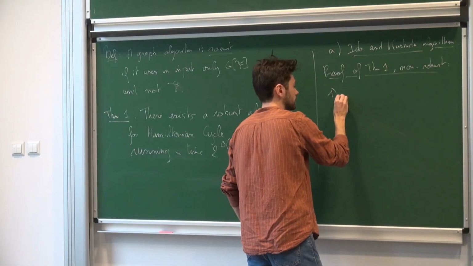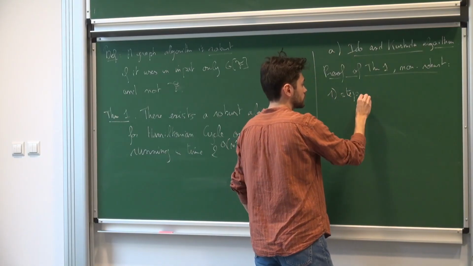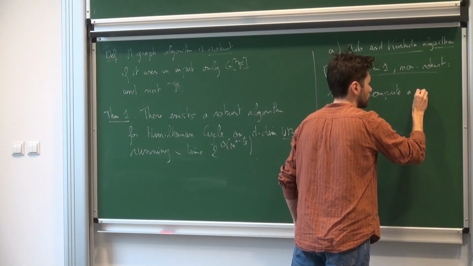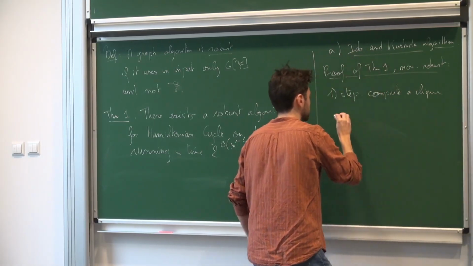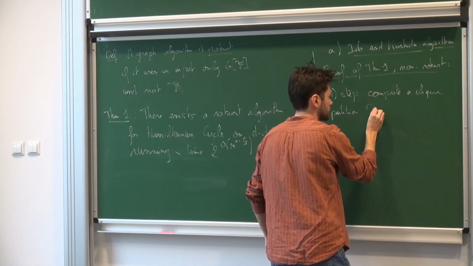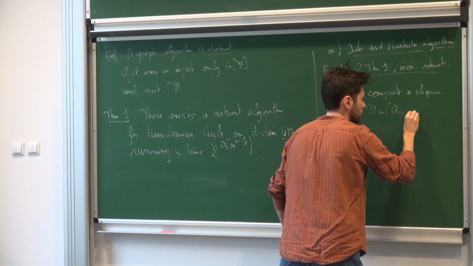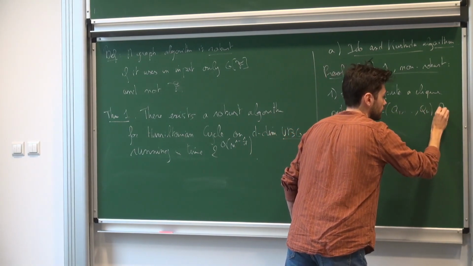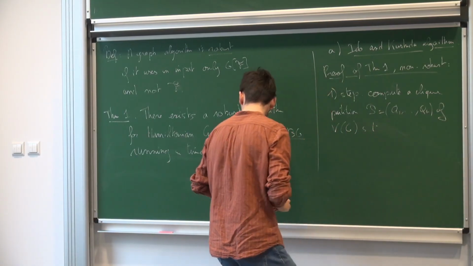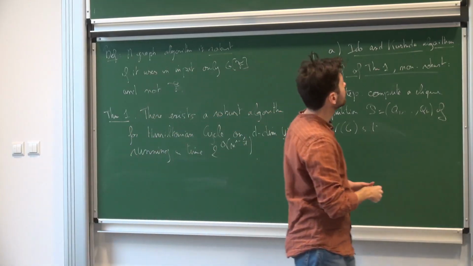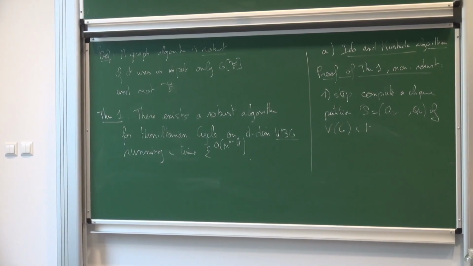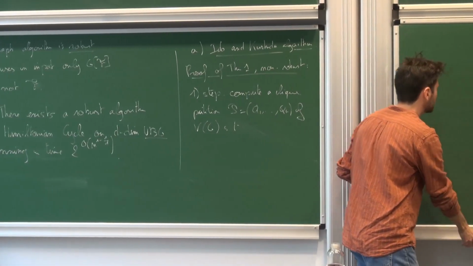The first step is to compute a clique partition of the graph. Let's call it P, Q1 up to Qt, of V of G, such that we will need two properties. I will just draw how we actually get this clique partition, and we will easily see what properties we obtain.